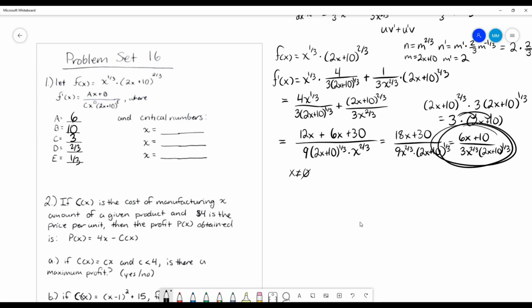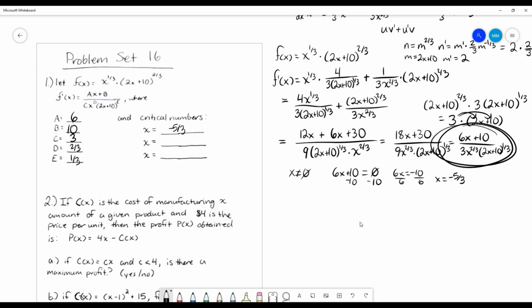So yeah, we want to know when 6x plus 10 equals 0. That's going to be 6x equals negative 10, divided by 6. x equals negative 10/6 or negative 5/3. And that looks to be our only critical point.